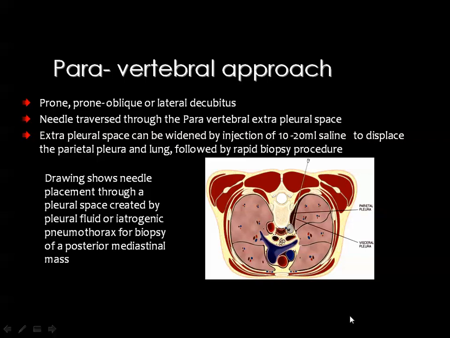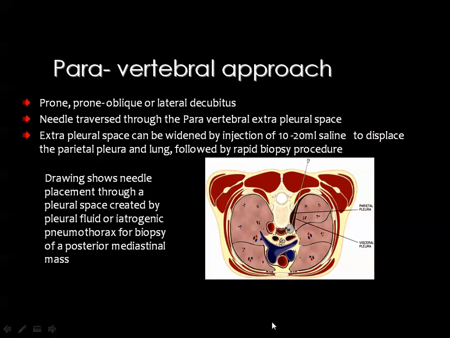And many of the interventional thoracic radiologists sometimes inject a little amount of saline into the pleural space to initiate a track for the needle to pass through, in order to displace the lung away from the needle pathway.